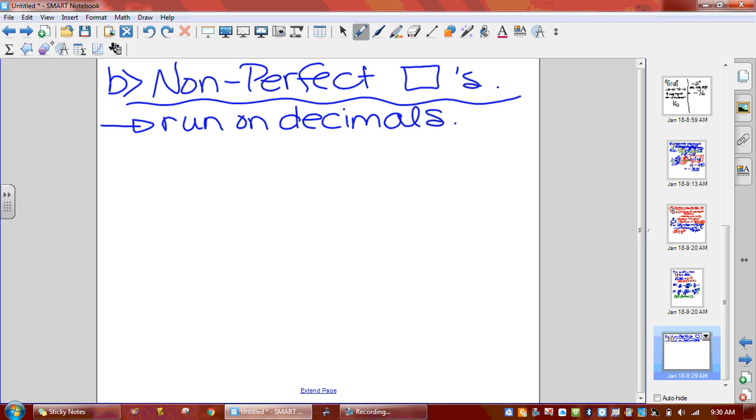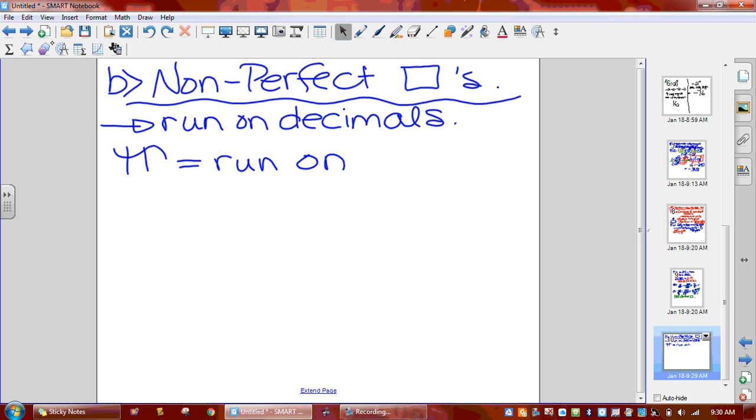One of them specifically is, what gives you a non-perfect square? Pi, good. Automatically run-on. So it is an irrational number. So non-perfect squares are numbers that will give you run-on decimals. That would be any number that's not in our perfect square list.